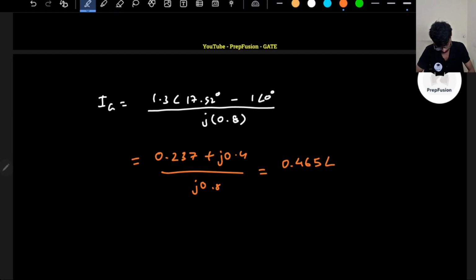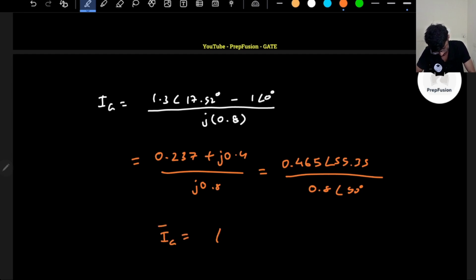And the angle I have to find: tan inverse of 0.4 divided by 0.237, which is 59.35 degrees. In the denominator I have 0.8 angle 90, so actually the angle will be minus 90. So the angle of the current, the phasor quantity, is minus 30.64 degrees, so it is a lagging current, 30.647 degrees.